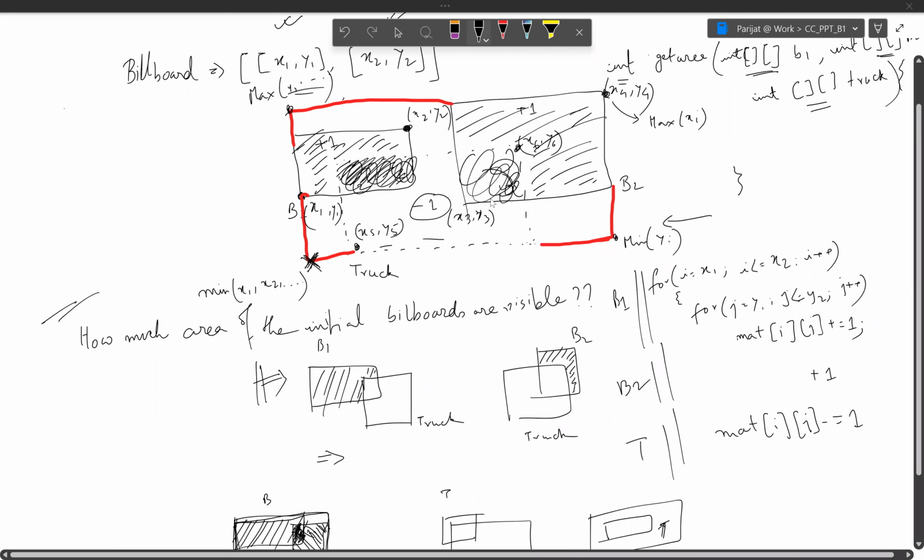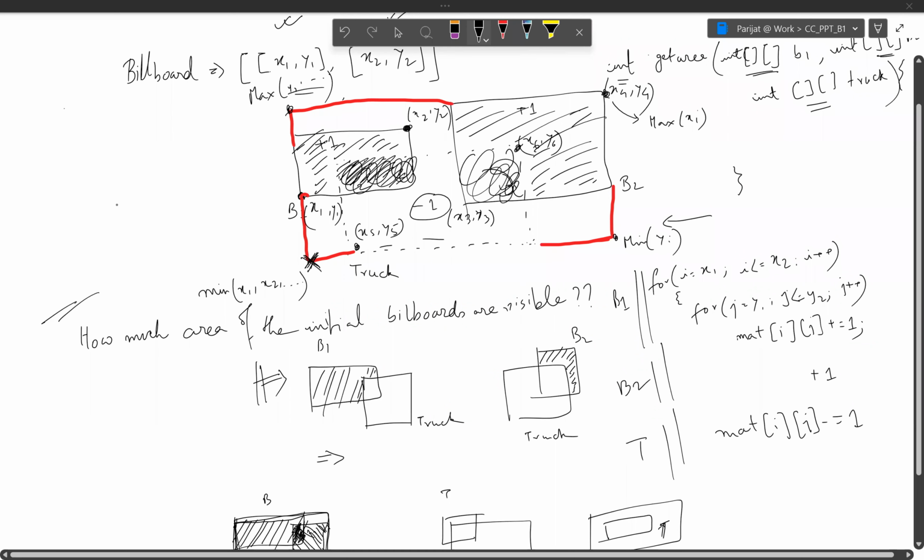The question was given like that the billboards are not overlapping. Initially you were able to see the billboards themselves directly. But even if the billboards are overlapping, can you think of an optimal approach to figure out how much area of the initial billboards is visible?